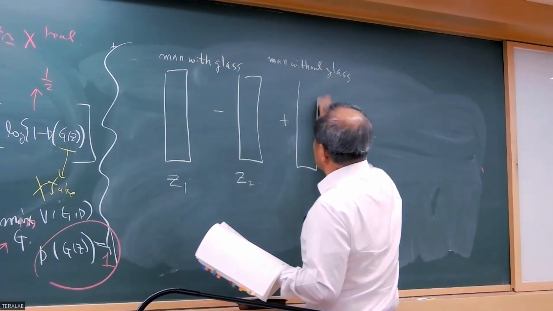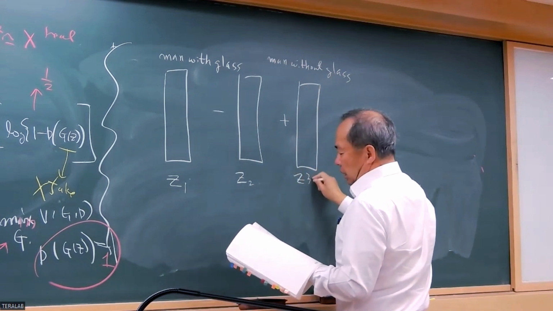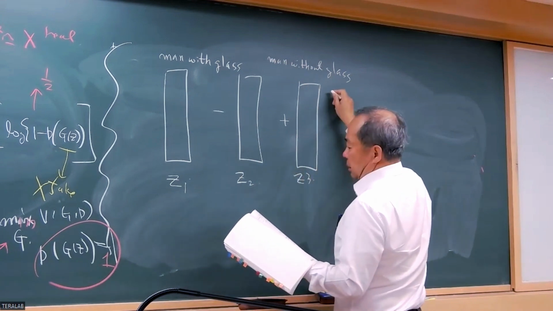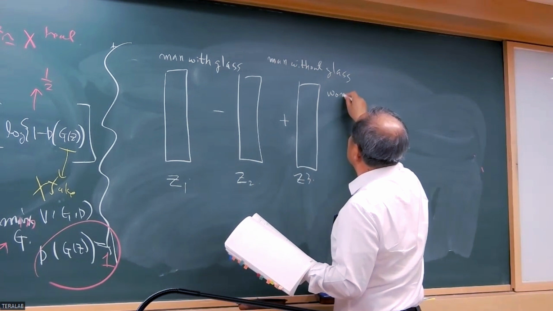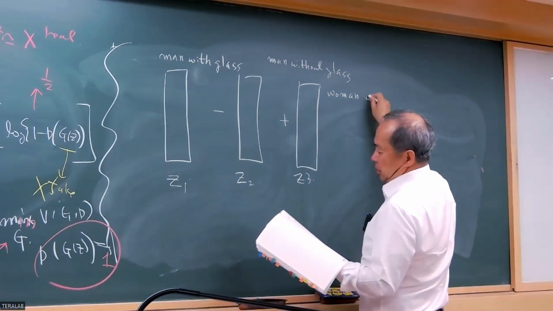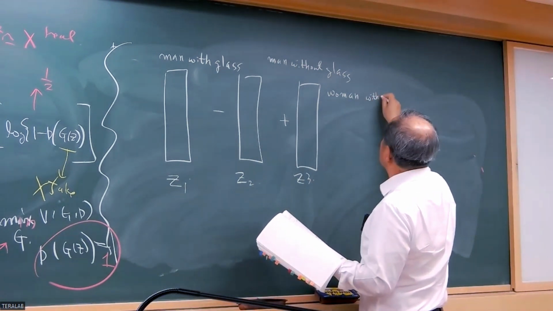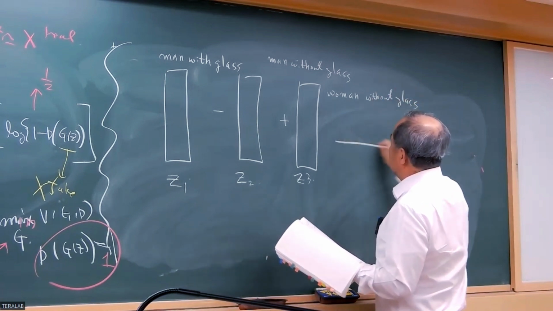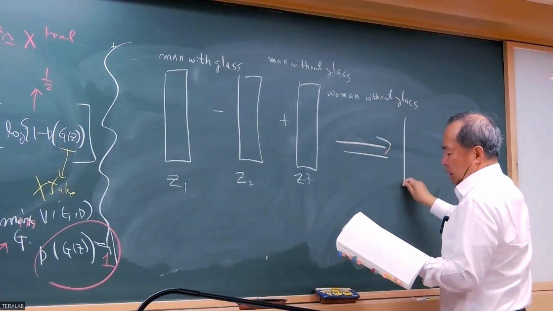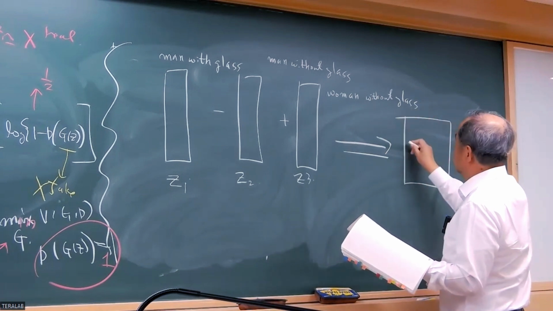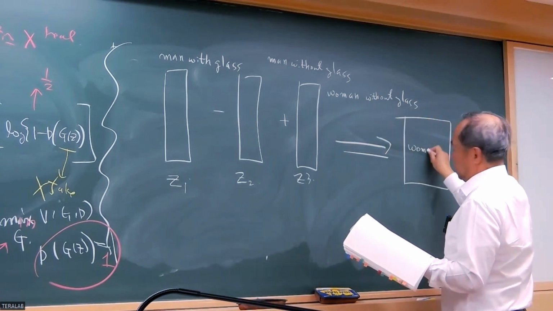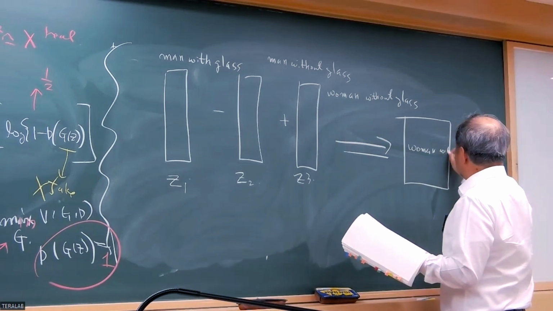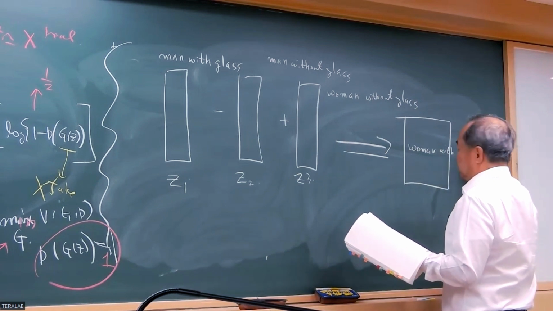And we add another latent vector G3 that is a woman without glasses. Then it is going to generate images of a woman with glasses.